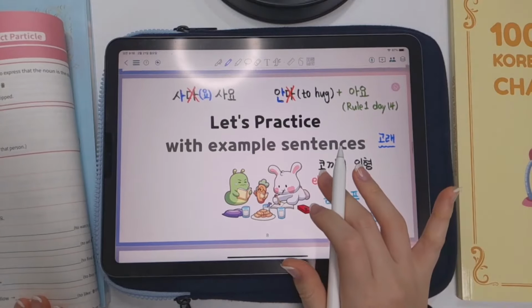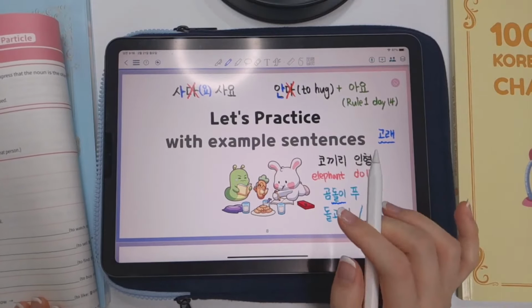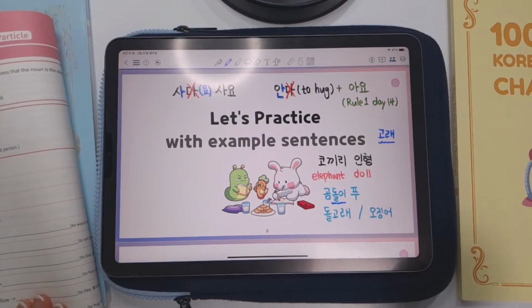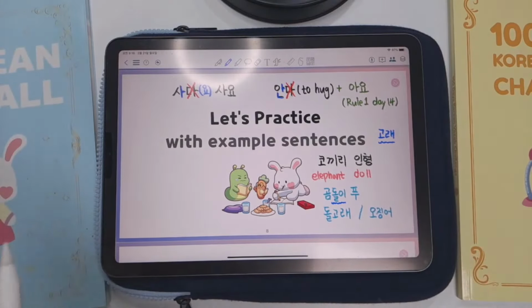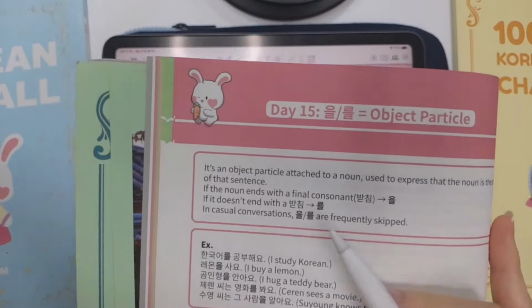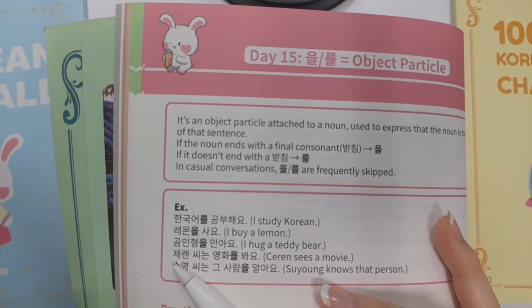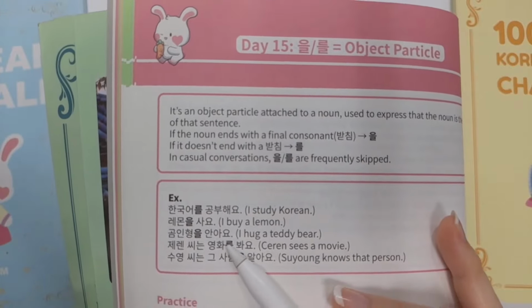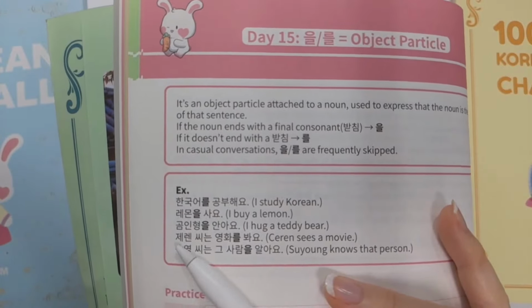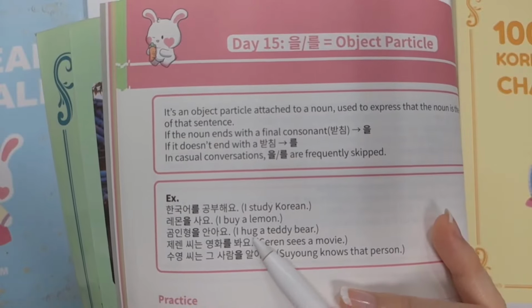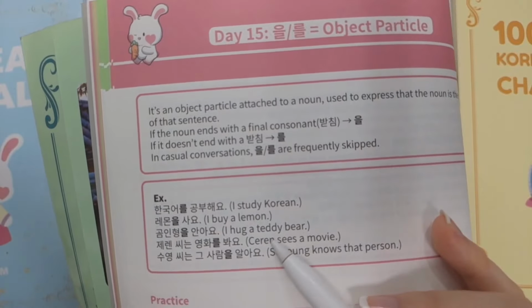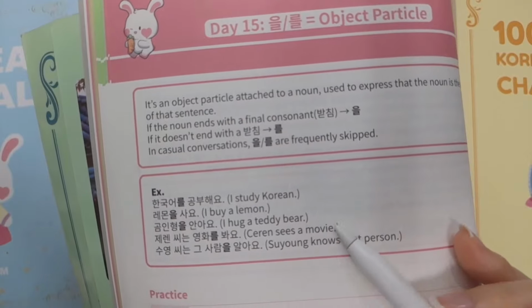Okay, so we were learning about the object particle in Korean, 을 or 를. Alright, so let's keep going with our example sentences. The next sentence is 제렌 씨는 영화를 봐요. In this sentence, the noun is a movie, right?